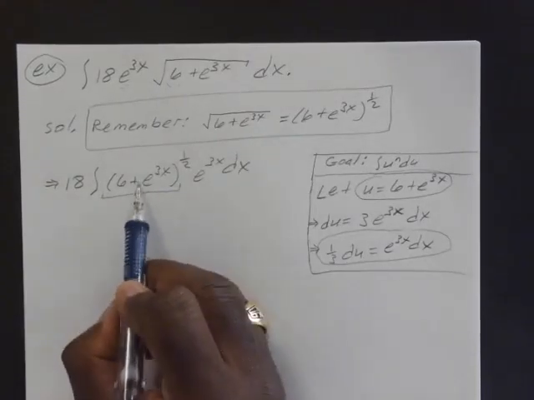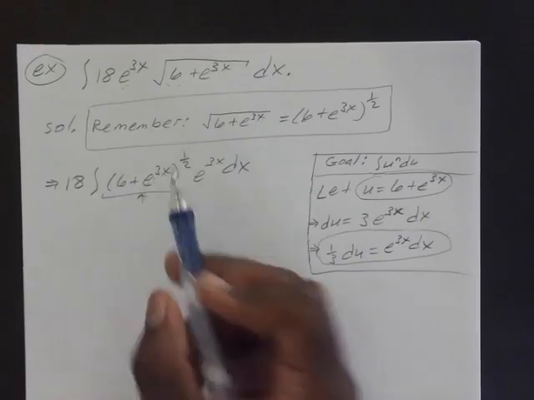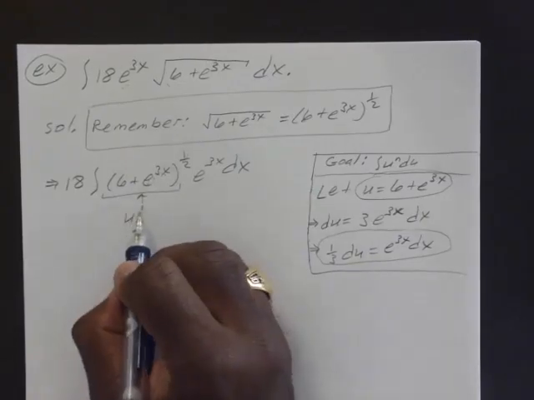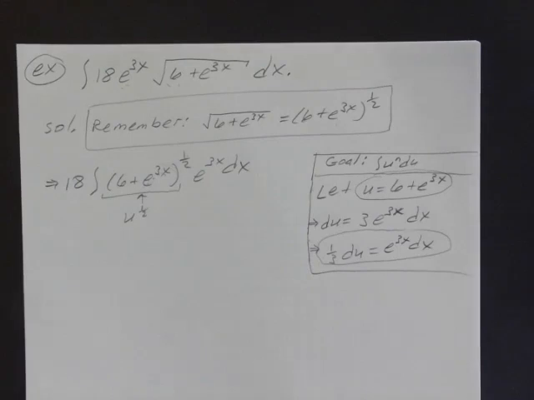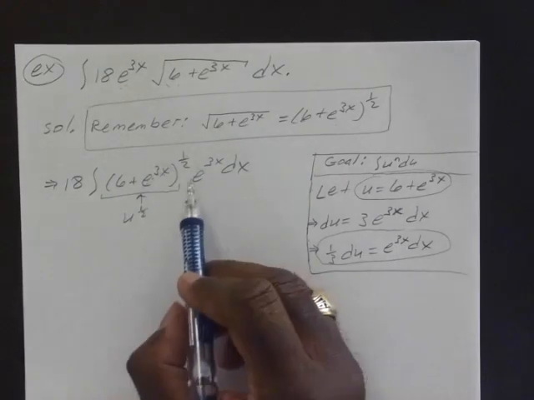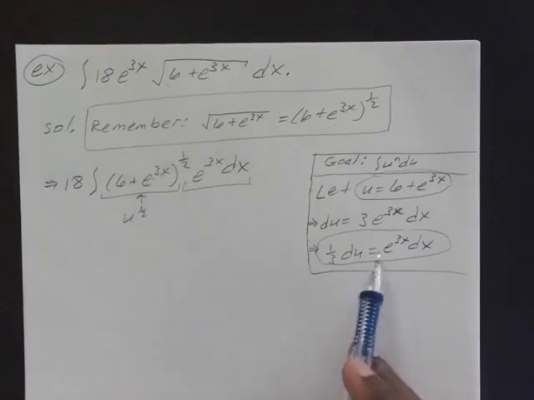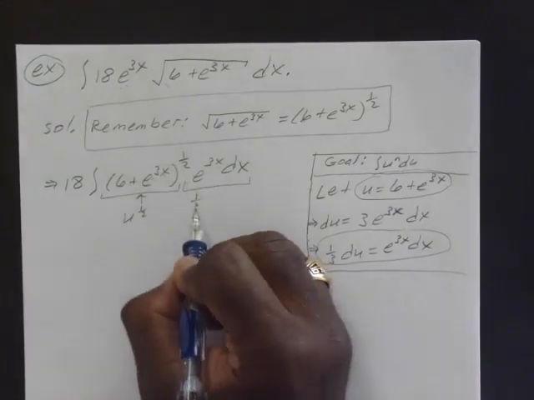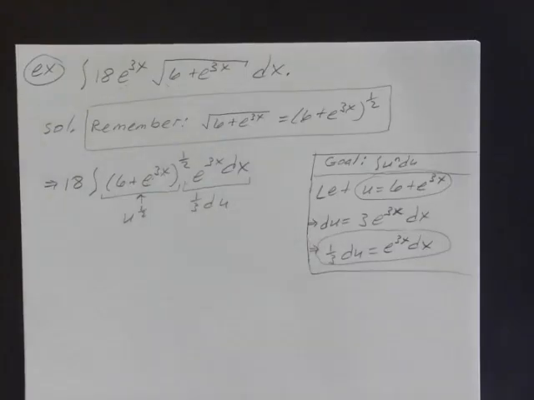Okay, so we see that this will just become u to the 1/2 power, and e to the power of 3x dx will become 1/3 du.